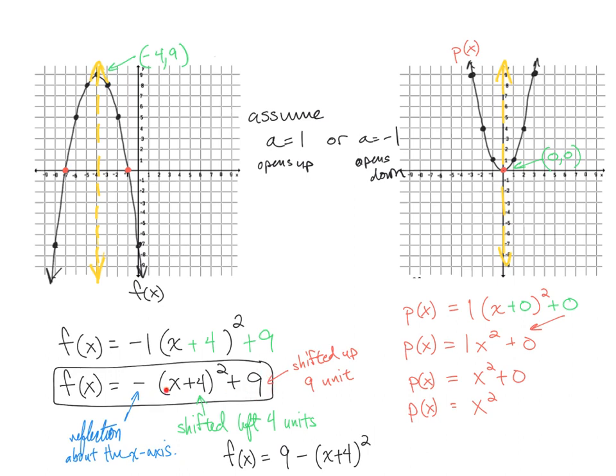Now in this equation, there are only 2 terms. And I'll define this for you. A term starts with a plus sign or a minus sign that is not in a set of grouping symbols. So like this plus sign right here doesn't count.